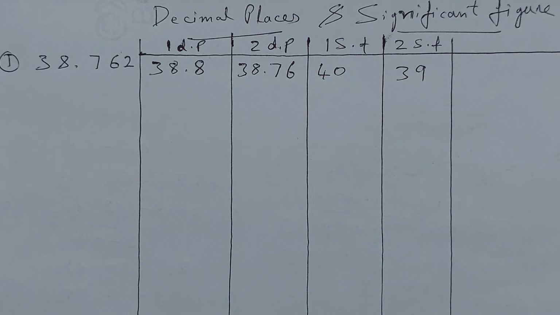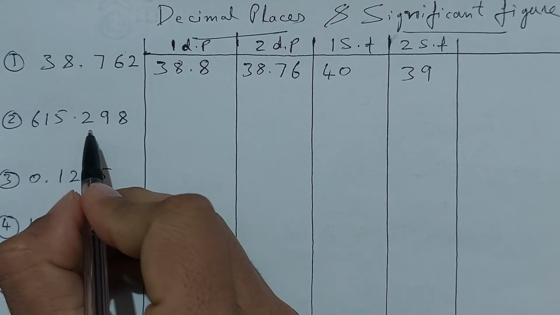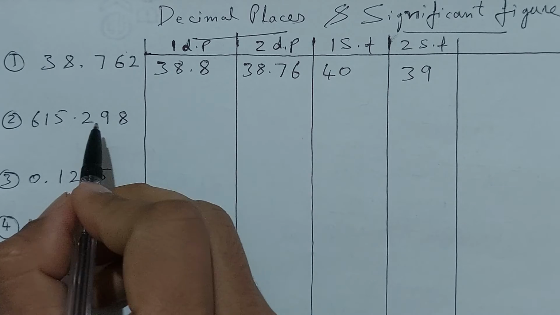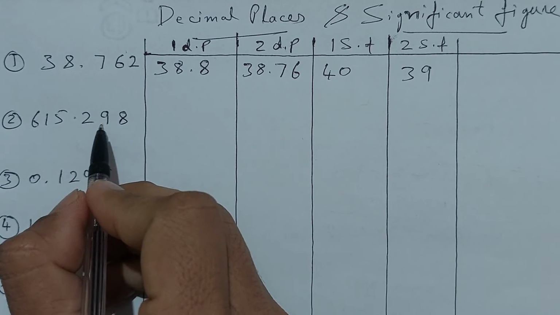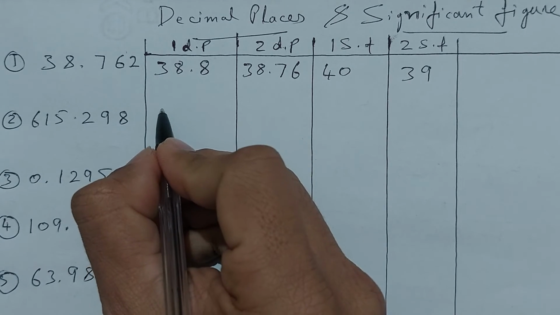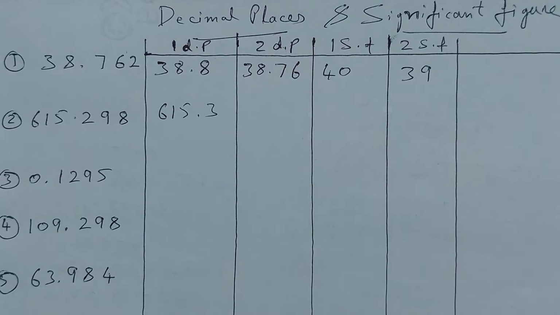Okay, let's do some more questions on that. So the next question is 615.298. Now one decimal place for that is one number after the decimal, which means these two will go away. But if this number is above 5, we round it to the tenth. So it's 615.3.